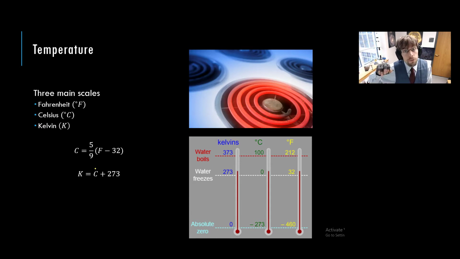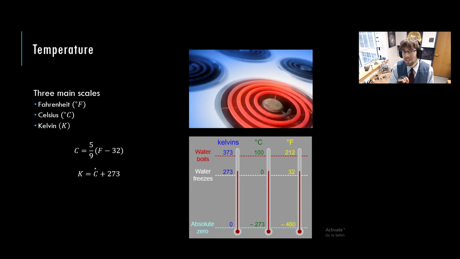Okay? And the freezing point of water is 273. Again, that seems really weird. Okay, why would we do such a scale? And we see that at the bottom, this is the key. At the bottom, it's 0, okay? What we call absolute 0.